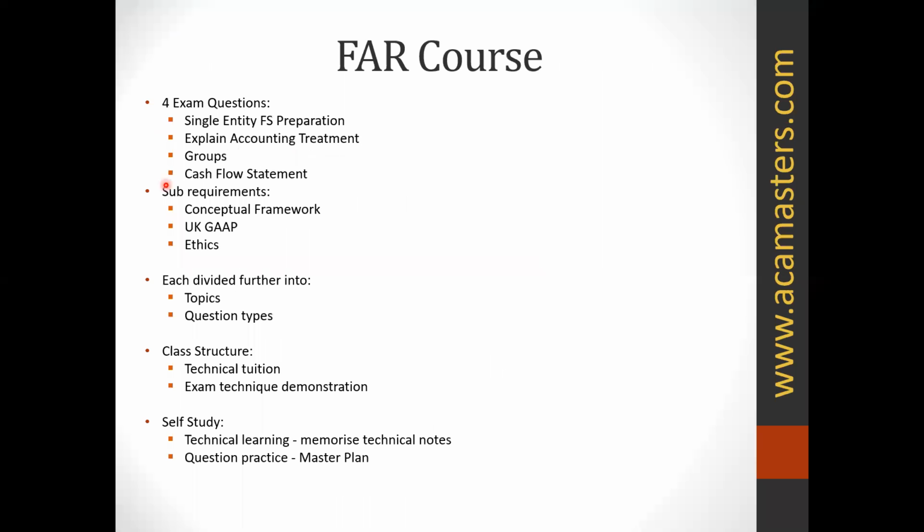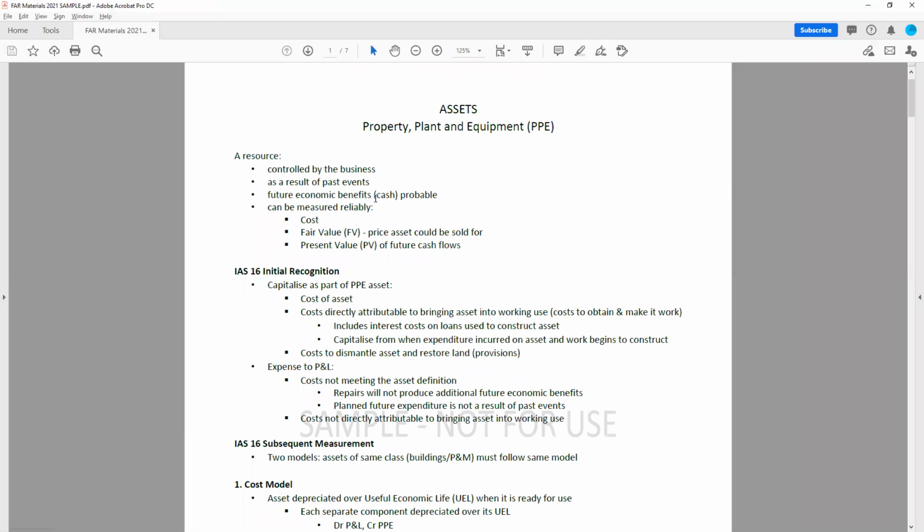Then what you can do after each class is you can then go away and make sure you've understood the technical content which I've taught you. So you can then go away and use our FAR materials where we've summarized the key technical content that you need to learn.